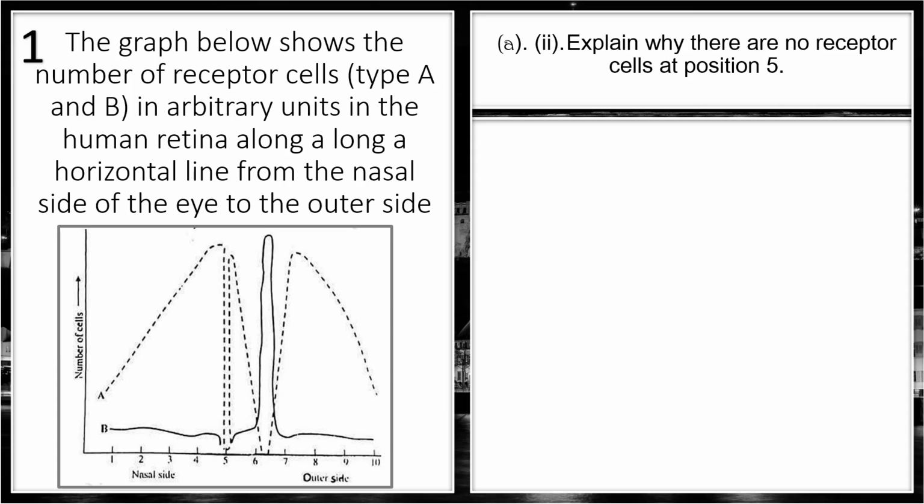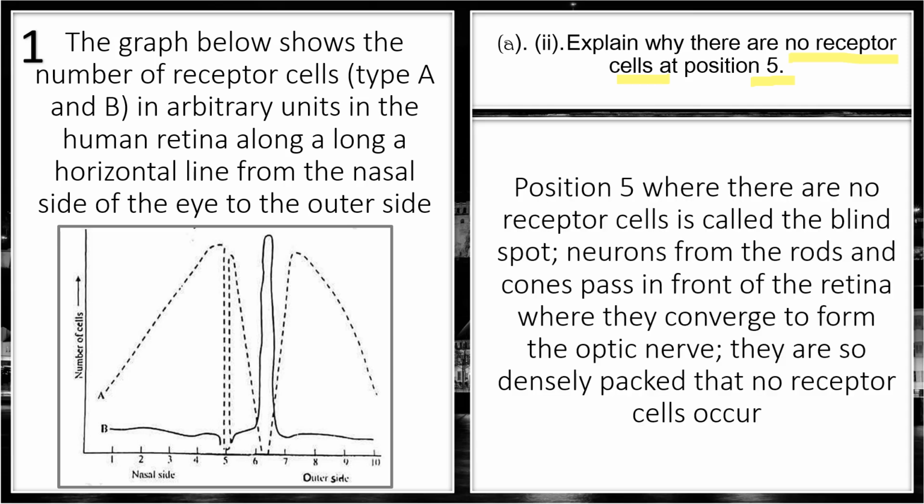Part A, Roman number 2. Explain why there are no receptor cells at position 5. At position 5, where there are no receptor cells, is called the blind spot.